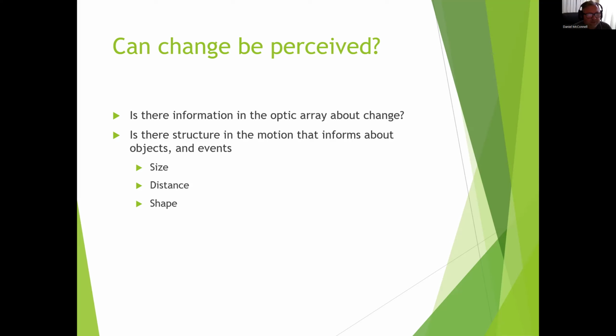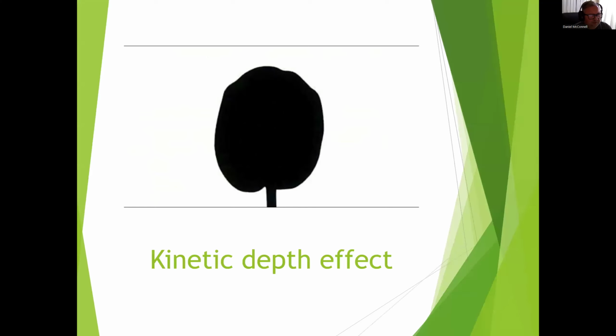So is there information in the optic array or the optic flow field about how something could be changing over time, such as a door that is rotating? That provides us some information about the shape of that object, but perhaps even the distance to the object and the size of the object. That one's trickier, perhaps, but let's keep on going here.